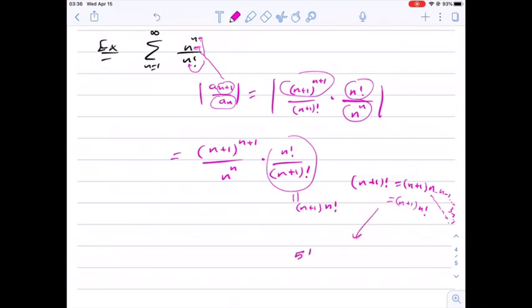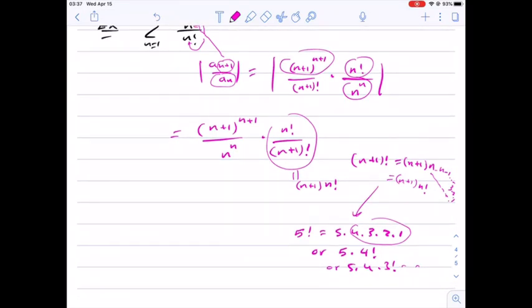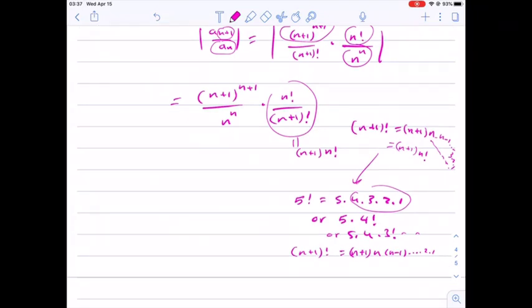Because if you have 5 factorial, you can write it as 5 times 4 times 3 times 2 times 1, or you can write it as 5 times 4 factorial, or 5 times 4 times 3 factorial, and so on. That's correct for n plus 1 as well. If you have n plus 1 factorial, this is n plus 1 times n times n minus 1, etc. Or you can write it as n plus 1 times n factorial. This is the idea here.